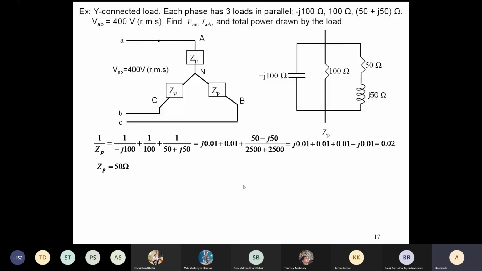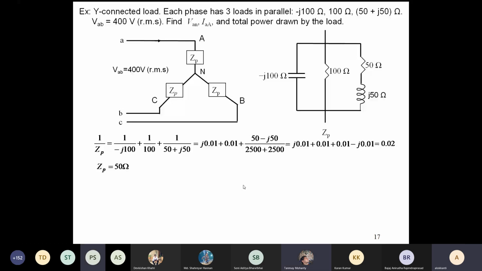So if your VAB is given as 400 volts, what is the phase voltage? 400/√3. So the phase voltage and line voltage, will they be in phase or will there be a phase difference?